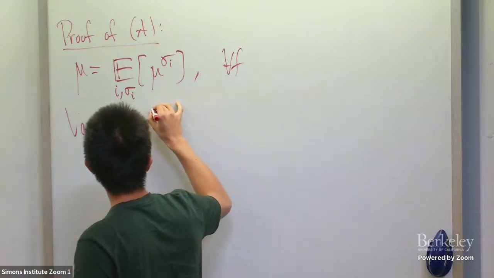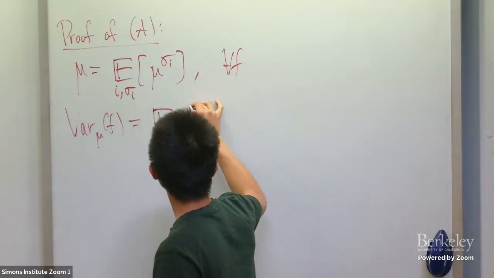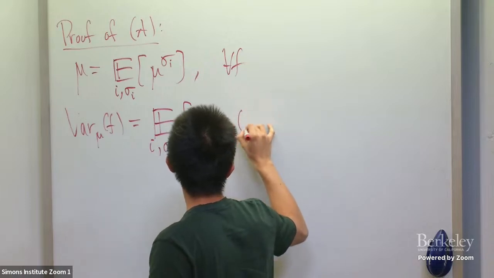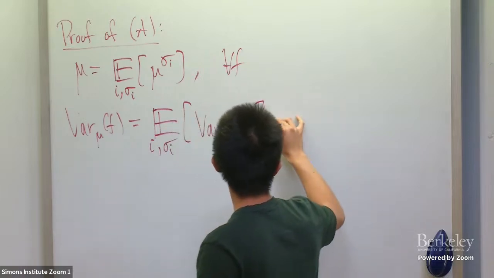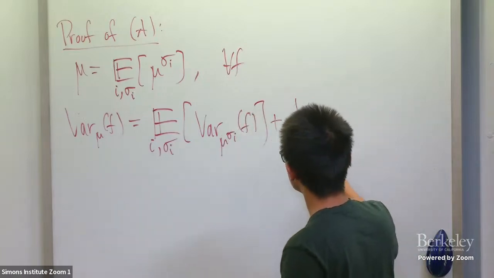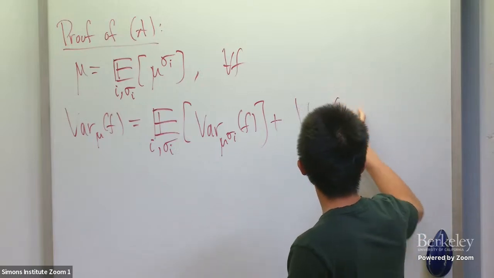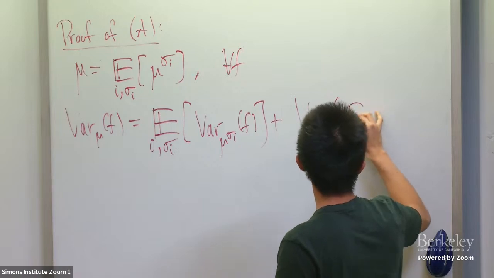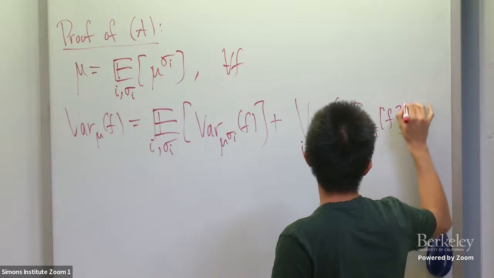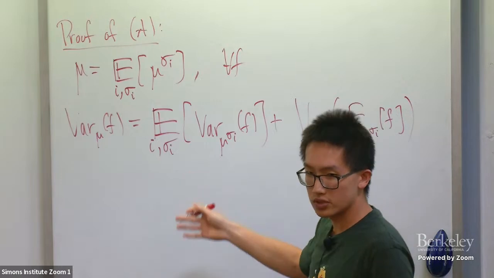So I have the expectation over i and sigma_i of the variance, plus what is usually the most annoying term, which is the variance with respect to a random choice of i and sigma_i of the expectation. A similar identity holds for entropy and so on.